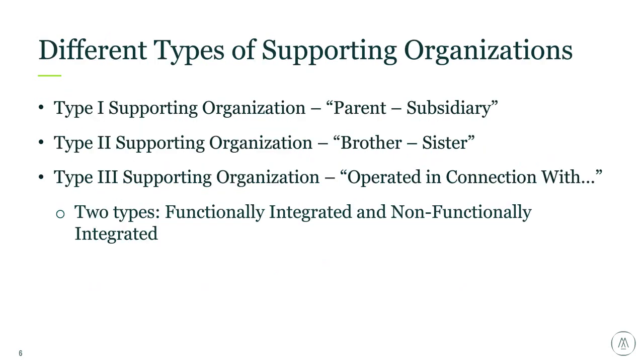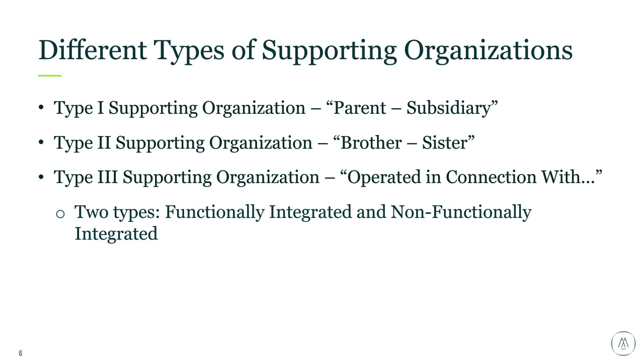All right, moving on to the different types of supporting organizations. Section 509(a)(3) contemplates three types of relationships between the charities and their supporting organizations. The relationships are categorized as Type 1, Type 2, and Type 3, and each type bases its justification for exemption on slightly different language in the code section.